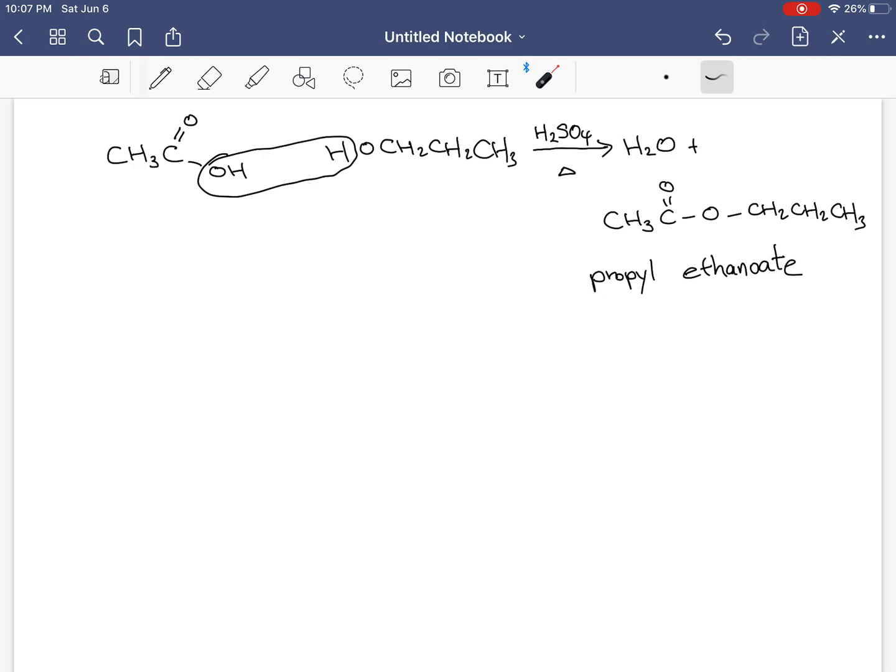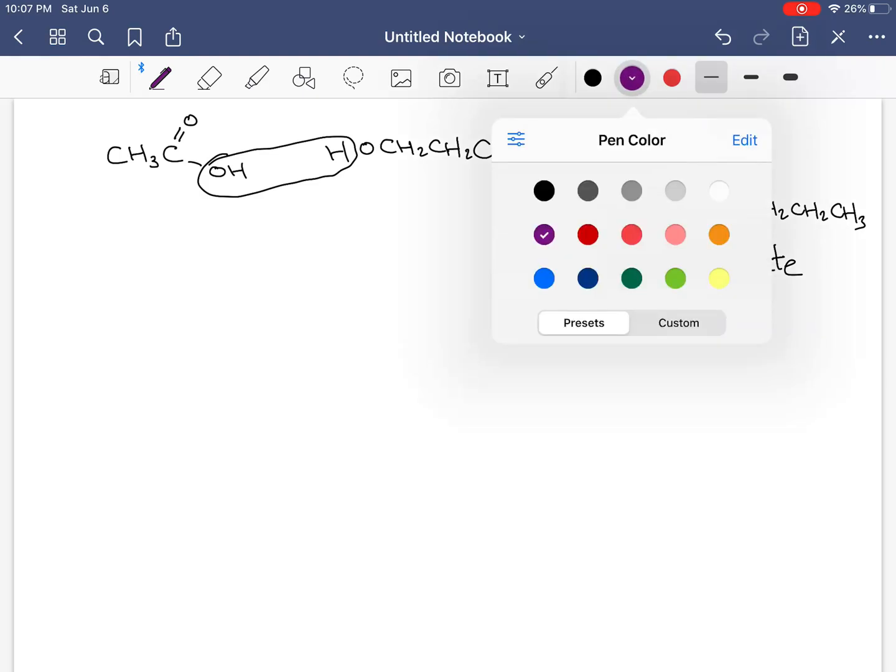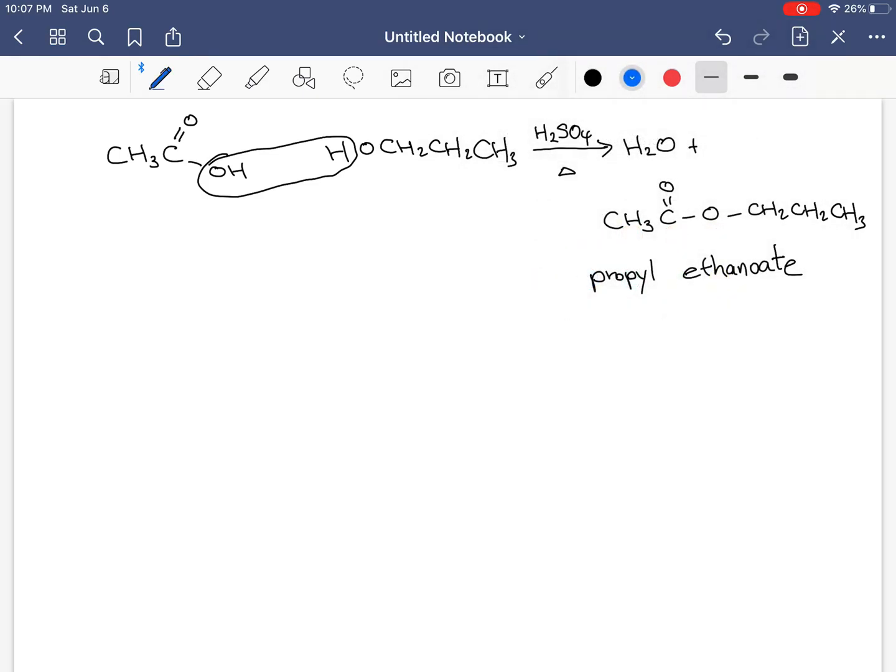Okay, let's do one more. Let's do one that involves side groups, so that you're a little bit more comfortable with that. Let's use a different color. Use blue.